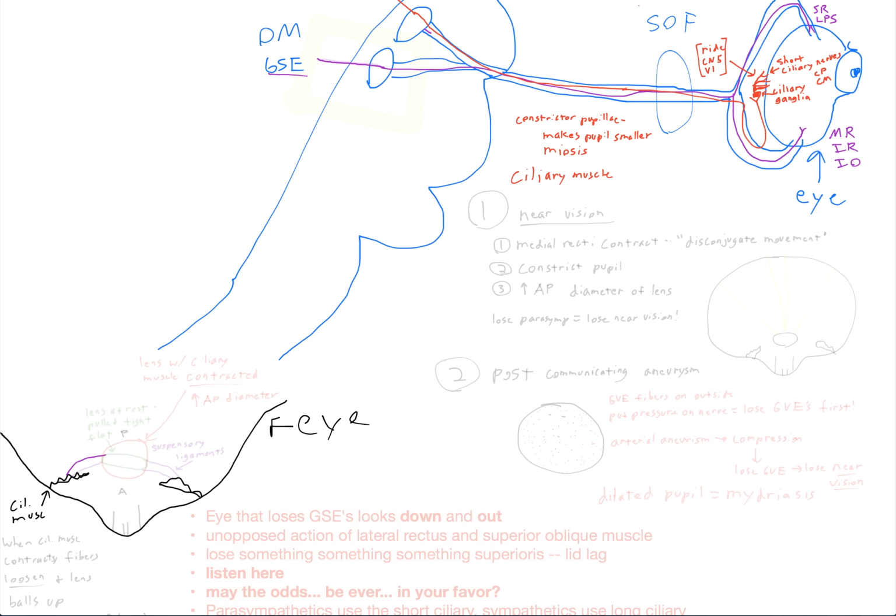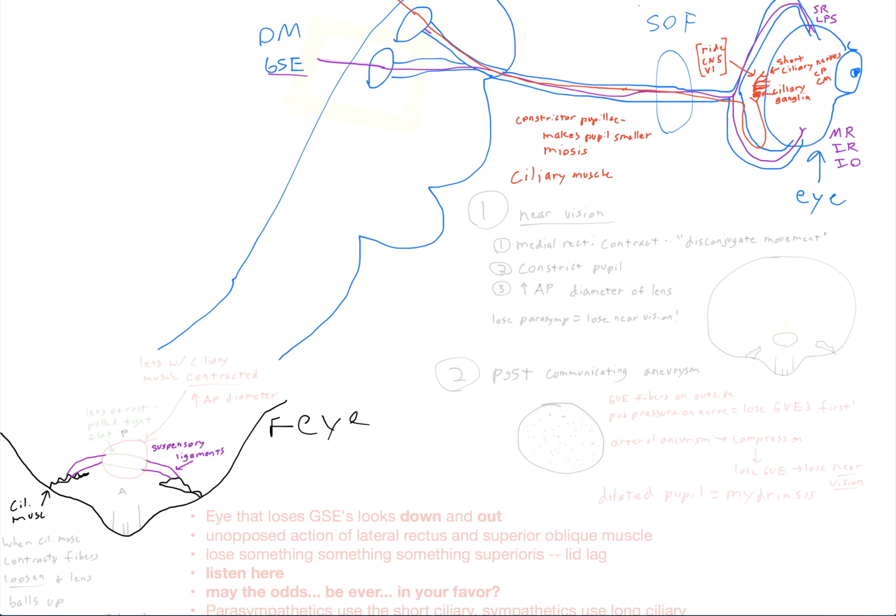At rest, so when these muscles are at rest, these ligaments are pulled tight. So it really probably looks more like this. When this muscle is at rest, these ligaments are pulled tight.